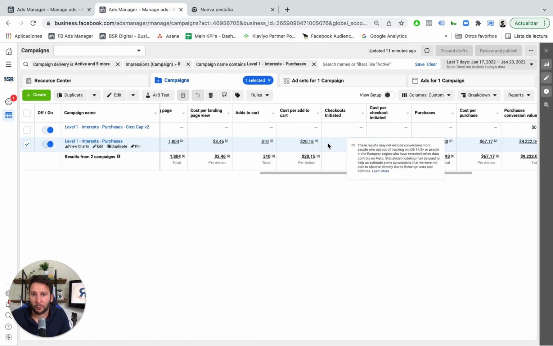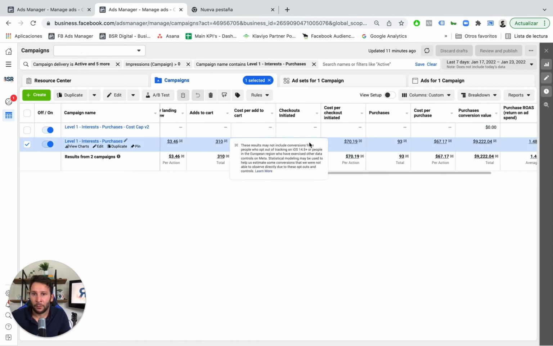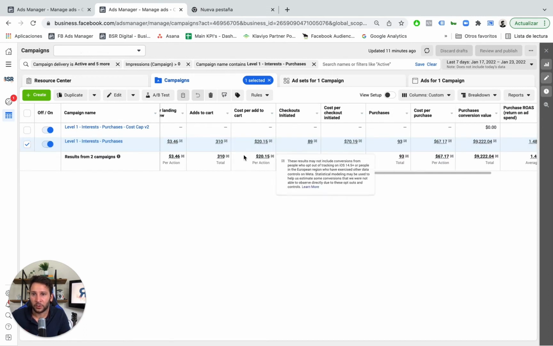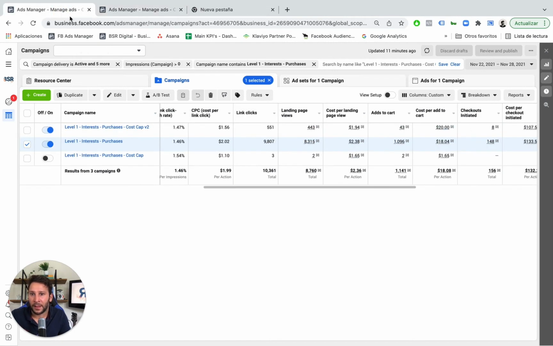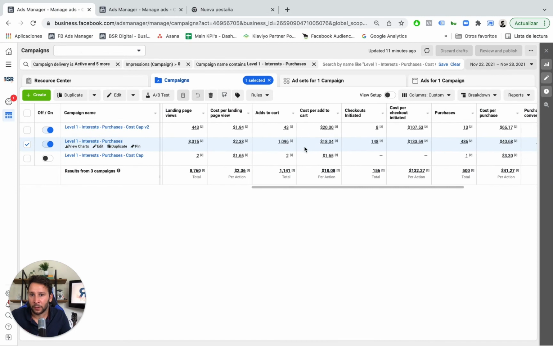So if you do the math with the rest of the metrics, add to cart to checkouts or checkouts to purchase, we are going to find that somewhere there's going to be a decrease. So you need to do the same exercise, doing like 89 divided by 310 and compare if that conversion rate was higher or lower than 148 divided by this number, right? And if it's lower, you're going to see that actually there's something there.